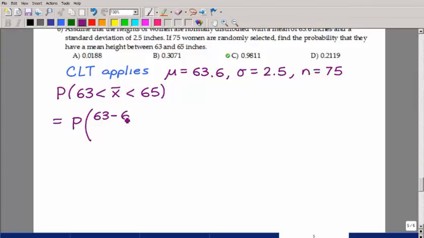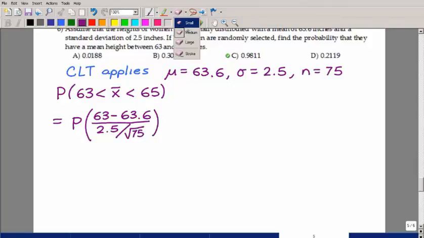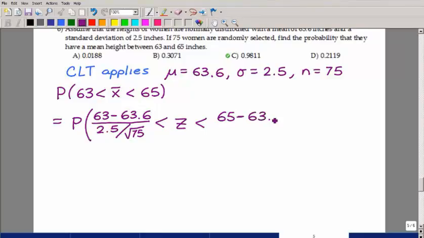It'll be 63 minus 63.6, divided by the standard deviation over the square root of n, so 2.5 divided by the square root of 75. Oops, closed that off too soon. Then the z for 65 on the high end is 65 minus 63.6 divided by 2.5 over the square root of 75.